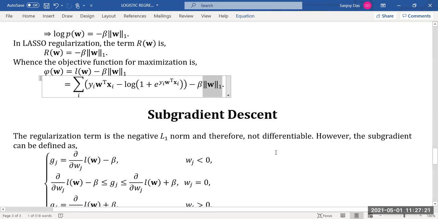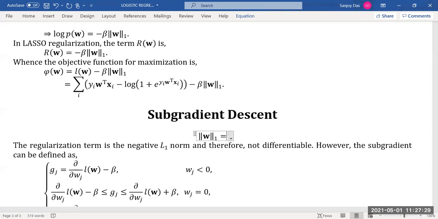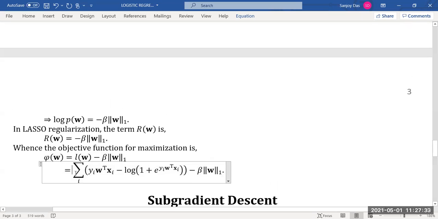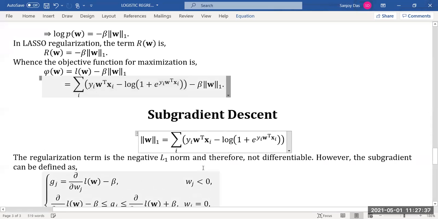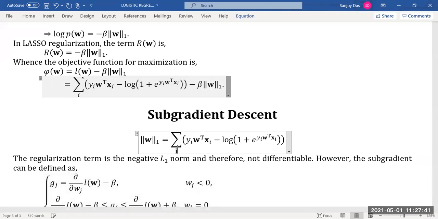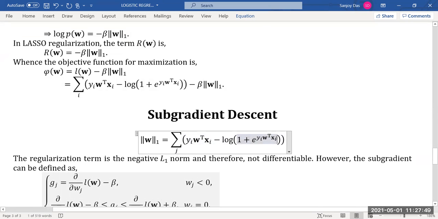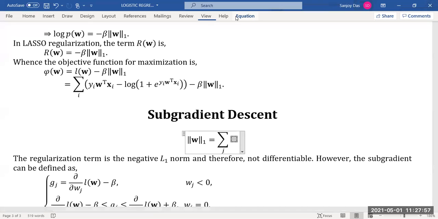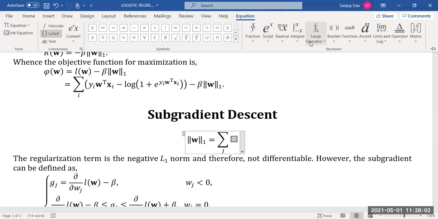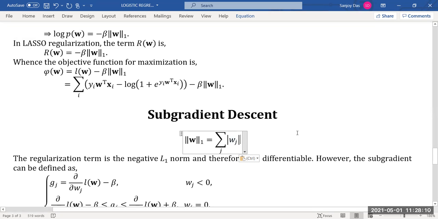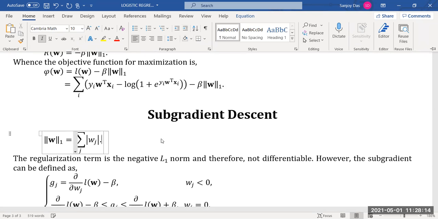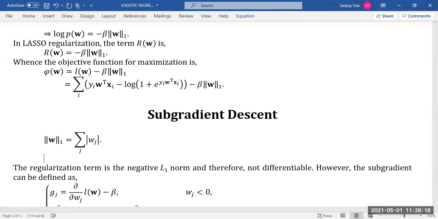So I can write this as the summation over j, using j as my index, of the absolute values of Wj.